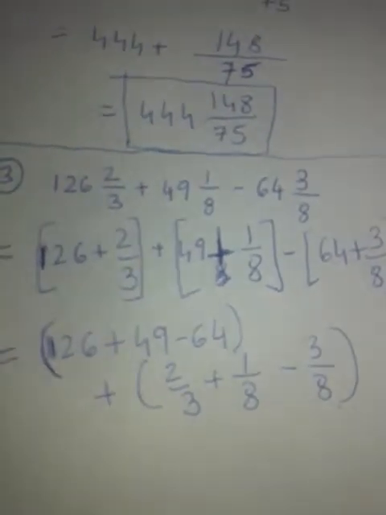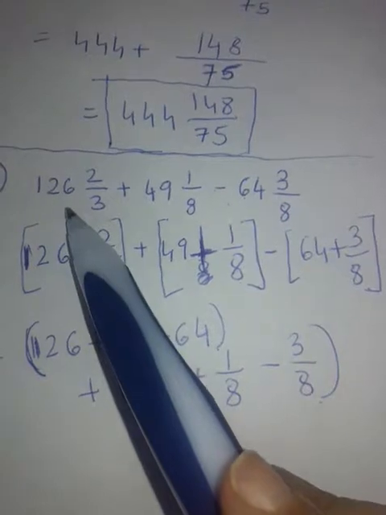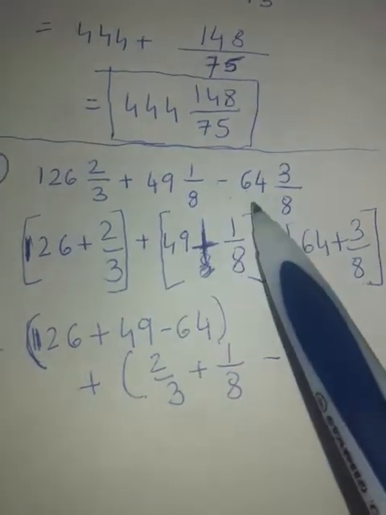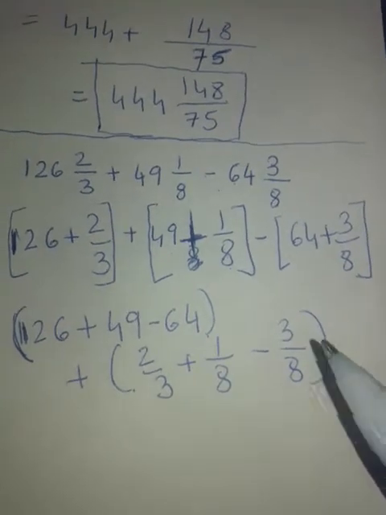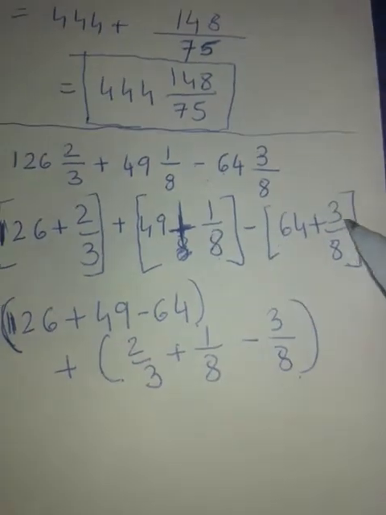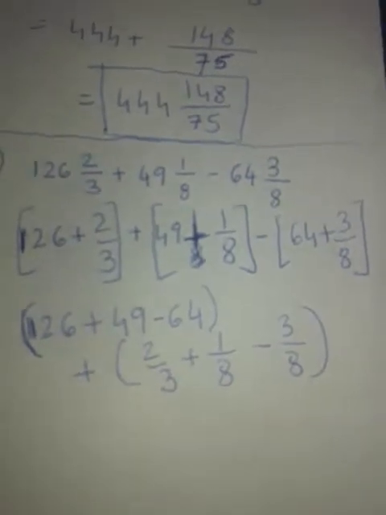The typical mistake made by students: they take all whole numbers, 126 plus 49 minus 64, up till this they are right, and for this they do 2 upon 3 plus 1 upon 8 plus 3 upon 8. Biggest mistake. Please don't do it.